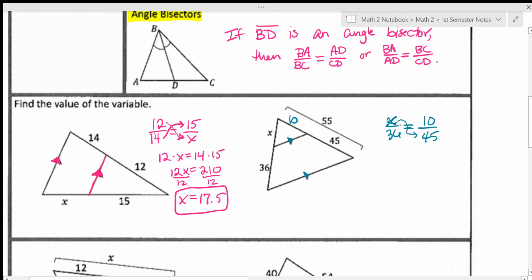And then again, only because it's a proportion, we're going to cross multiply. We get 45 times x equals 36 times 10, which is 360. And when we divide both by 45, we get x equals 8.